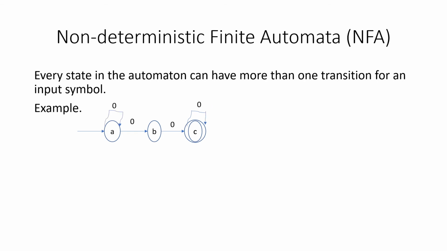In the case of non-deterministic finite automata, every state in the automaton can have more than one transition for an input symbol. When we observe the state A, for the input symbol 0, we have two transitions. One transition starts from A and ends in the state A itself, while the other starts from A and ends in the state B. So if an automaton has more than one transition for the same input symbol, that more than one transition must be for the same input symbol.